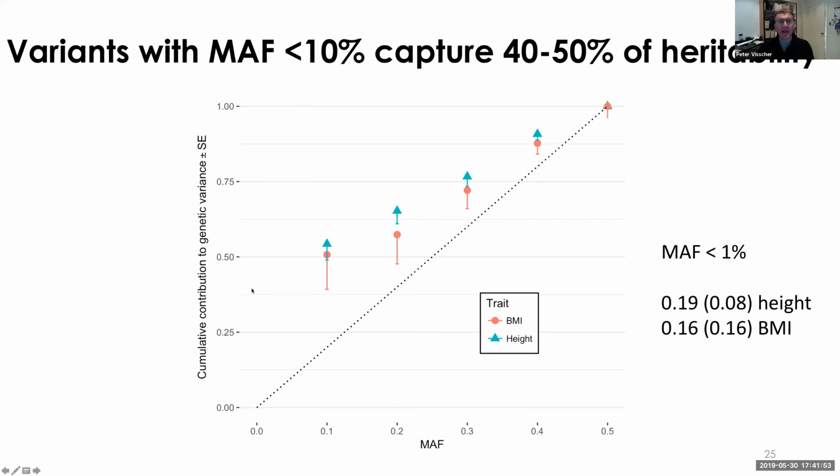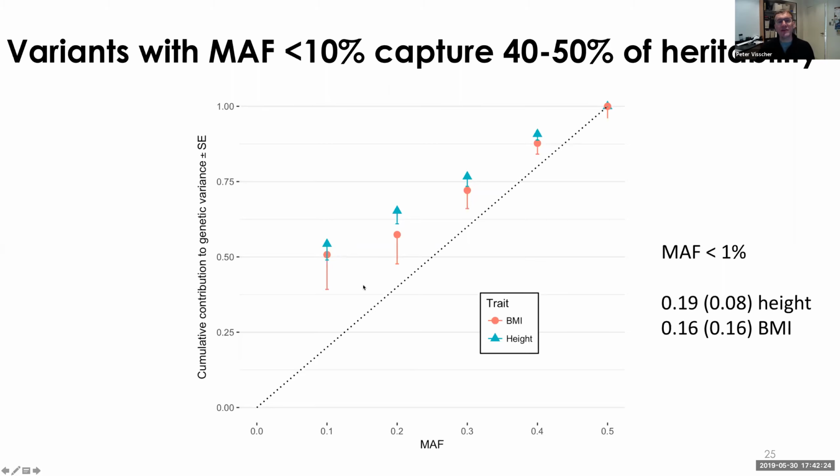If we look here on the y-axis at the 10% again, given the standard errors, about 40 to 50% of total heritability is contributed by variants with a frequency of less than 10%. And remember, under a neutral model, the expectation here would be 20%. So we clearly have a strong enrichment of genetic variation among the low frequency variants.